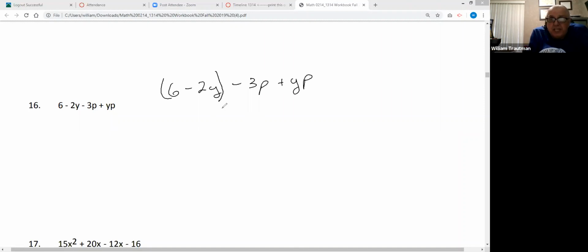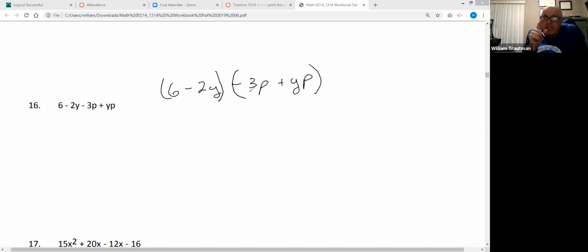If I do this, it would be wrong because the 3 inside this parentheses is positive. But the 3 is supposed to be negative. It's a negative 3p. When the third term is negative, you have to put the negative inside the parentheses.